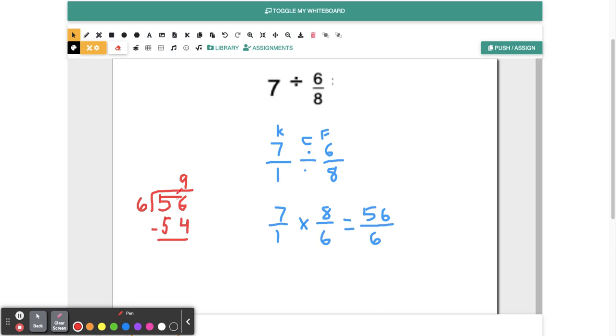And I'm going to subtract that. 56 minus 54 gives me 2. So 2 is my new numerator, and my denominator of 6 will just stay the same.